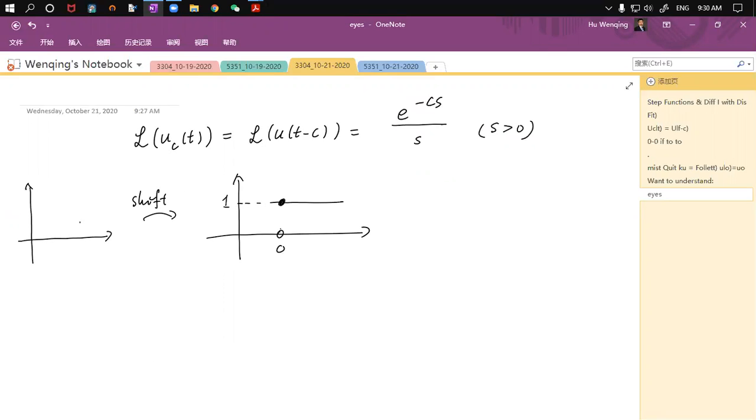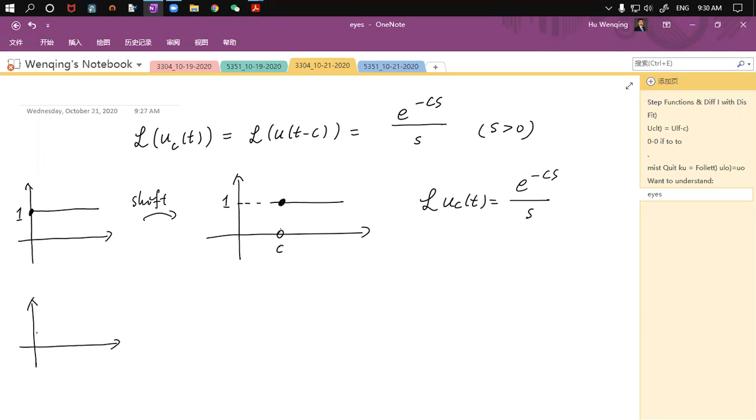You're going to jump here, so that very simple function is being shifted to the right by a magnitude c. That's a shift, and you know that the Laplace transform of this shift is simply equal to e to the power minus c s divided by s. Is that good, family?